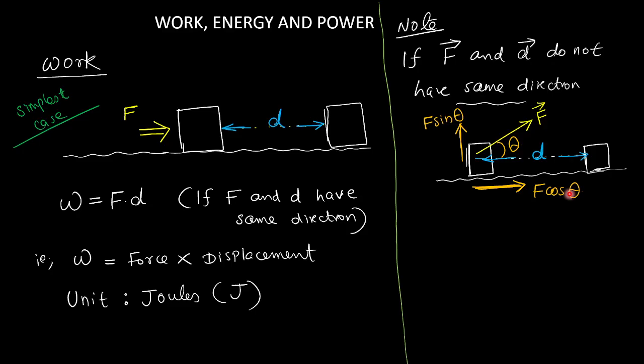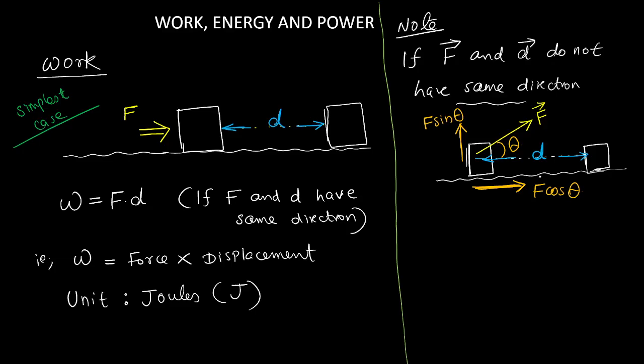So if you don't remember, at least memorize right now. Horizontal, that vector into cos theta. Vertical component will be that vector into sin theta. Is that okay? Clear? All of it clear? Yes, sir. Okay.